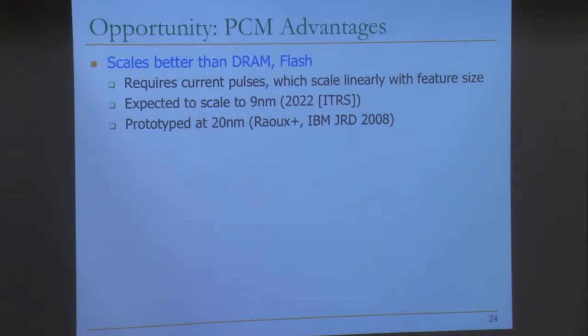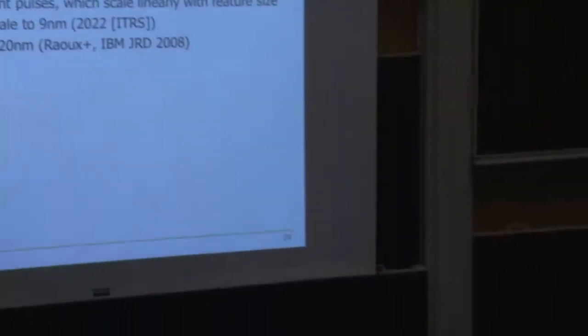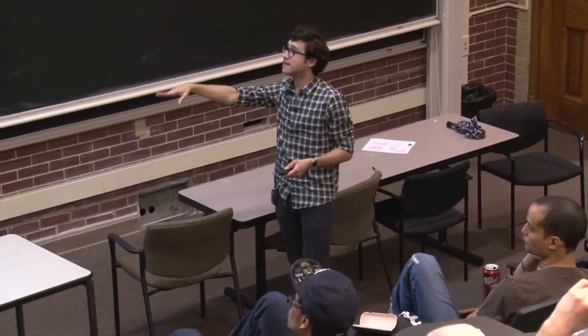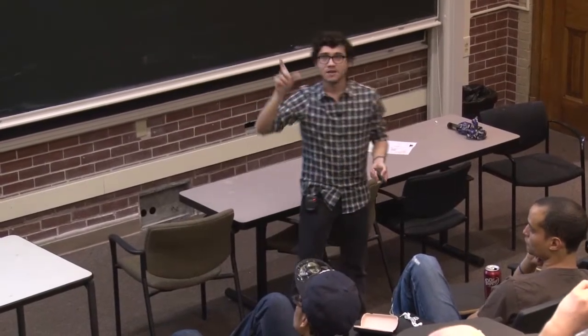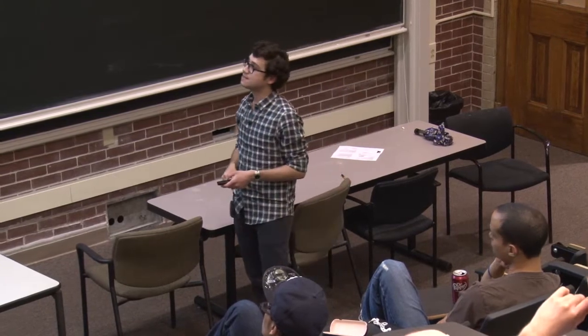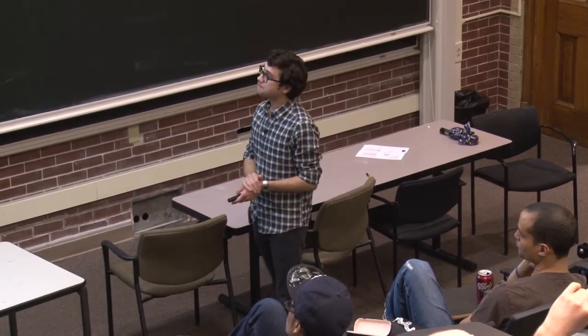Remember, DRAM could scale to 40 nanometers, so this is pushing that wall a lot further out. And people have actually prototyped these devices as far back as 2008, and even further than that, in fact, because remember CD-ROM. But here we're talking specifically about memory type devices at IBM.